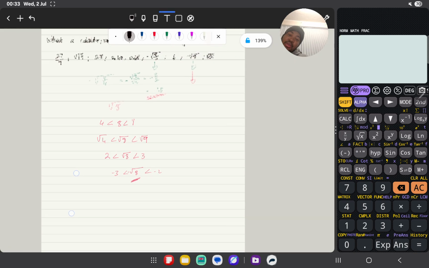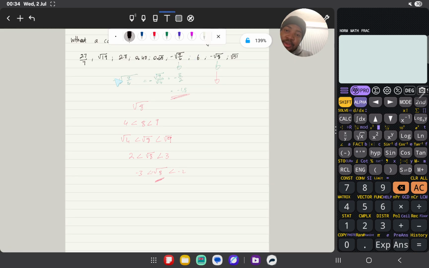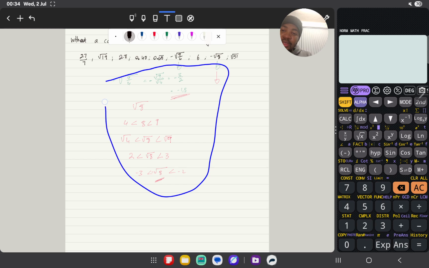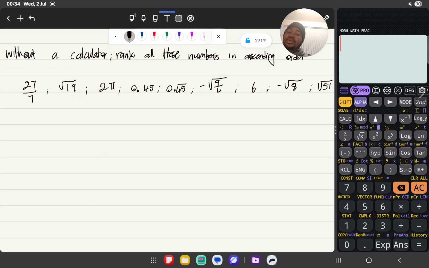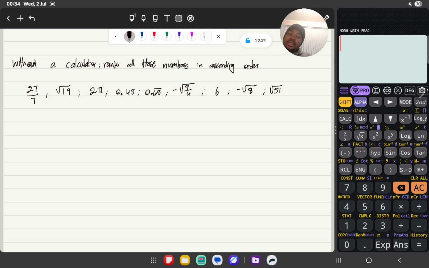So let's go back. I will remove everything and let's think what numbers are gonna come next, right? I want to see what this number is, this one, as well as this one.